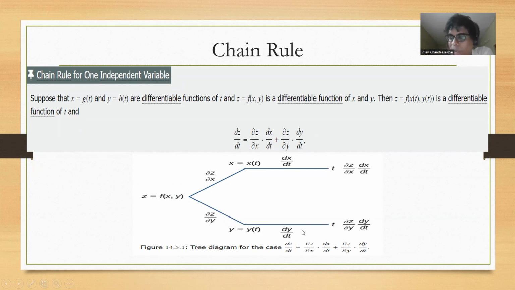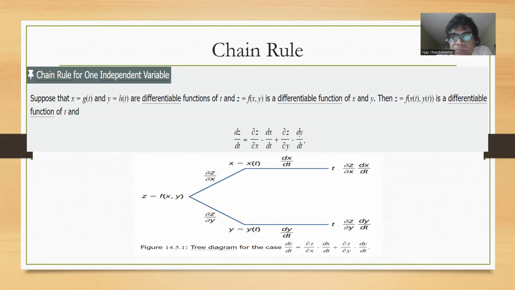The arguments are the same. Why dy by dt? Because Y is a univariate function of T, which is why it's dy by dt, not dou Y by dou T. All right. So eventually you just sum up these two expressions. So which is what you see here, and that's your dz by dt.